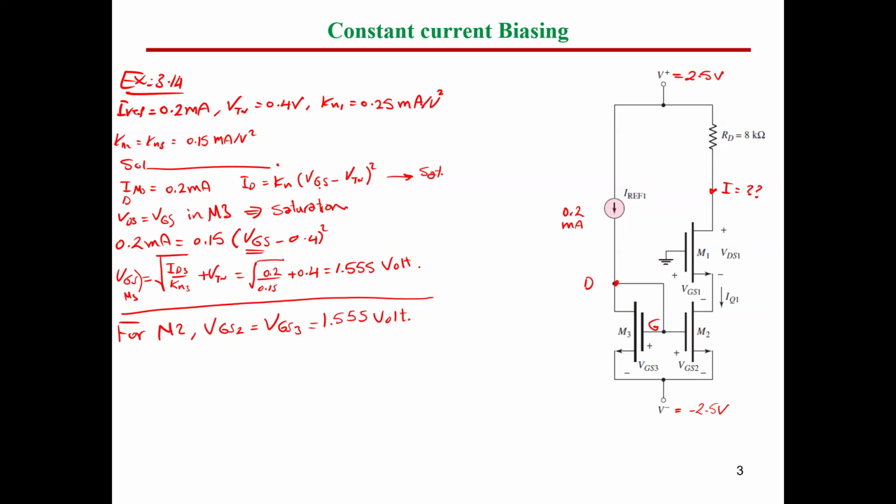Why equal gate to source voltage again? Because it's common gate and common source. So this means by default, any current flowing here in the drain will flow in the drain of M2. So we can say now I drain of MOSFET number 2 equals I drain of MOSFET number 3 equals 0.2 milliampere.